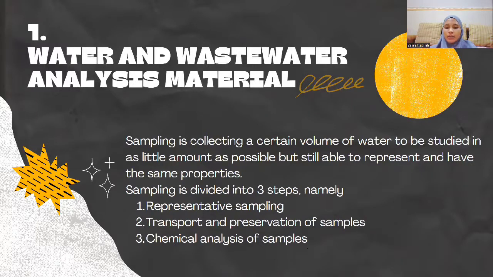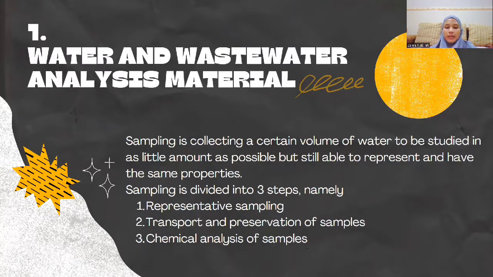It is how to keep the sample between when a new sample is taken and maintain it when it is brought in for analysis. Number 3, chemical analysis of samples. To analyze, we can use chemical parameters or physical parameters.